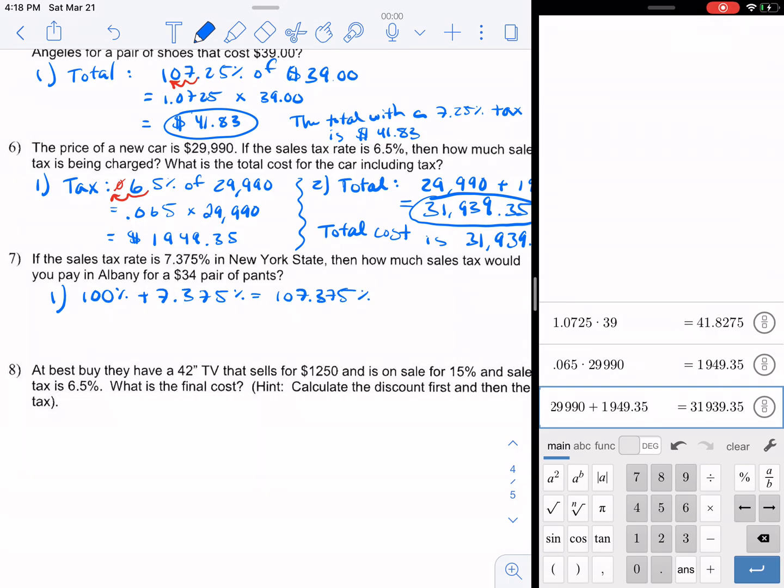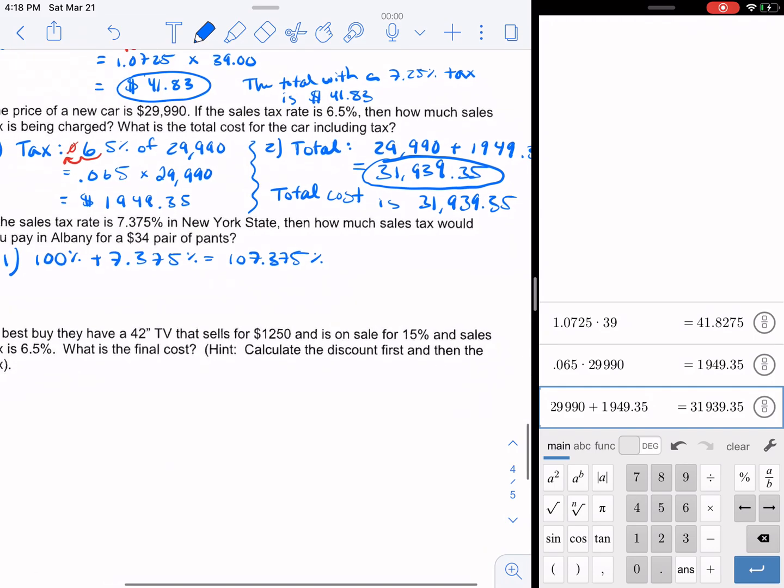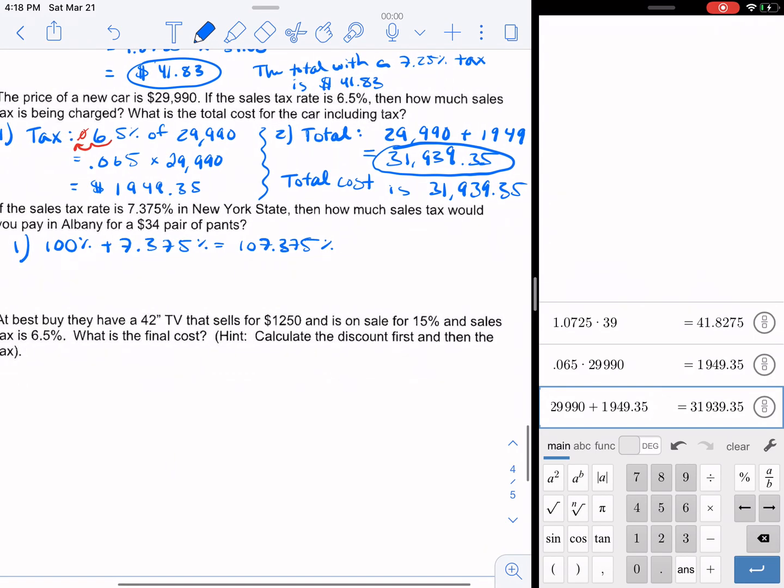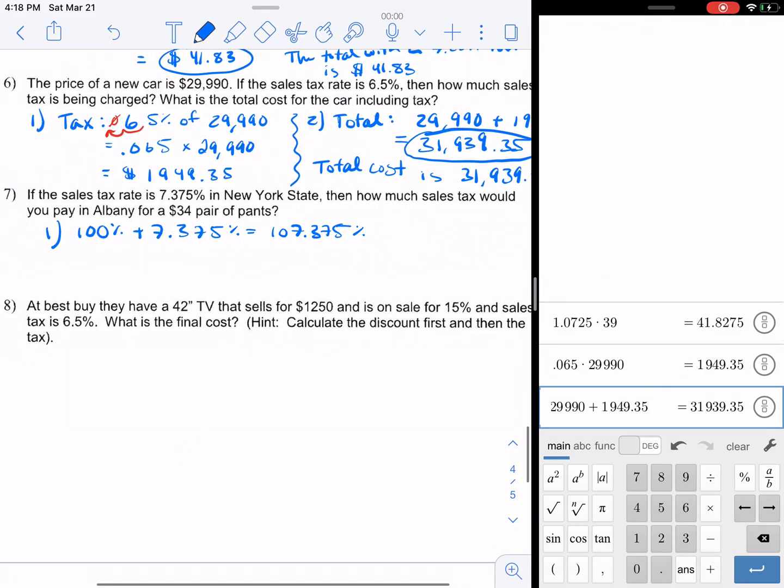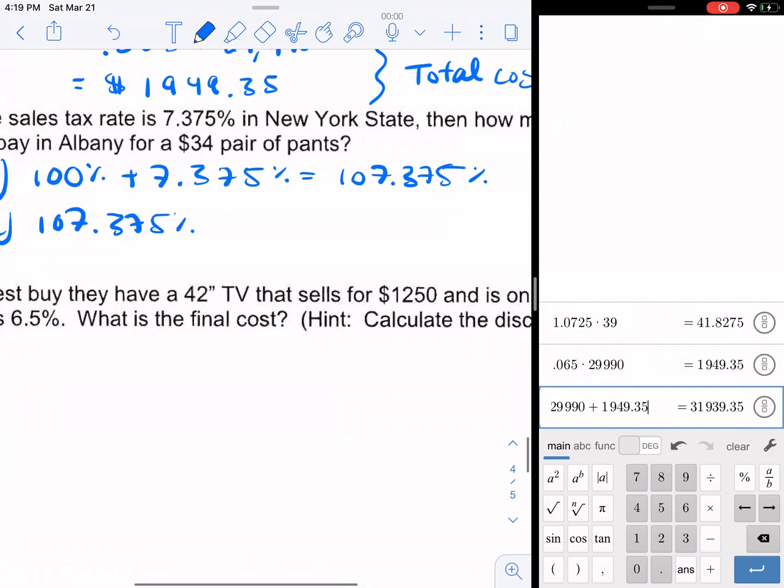All right, so you want to find that total of $34. So I'm going to multiply. I want to find 107.375% of the pair of pants, which is $34.